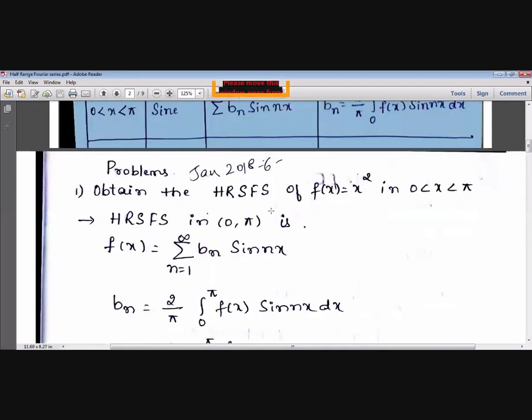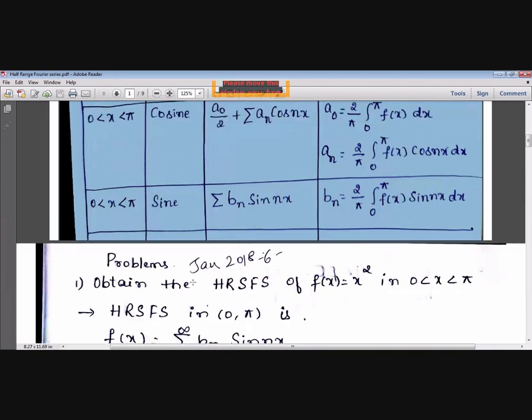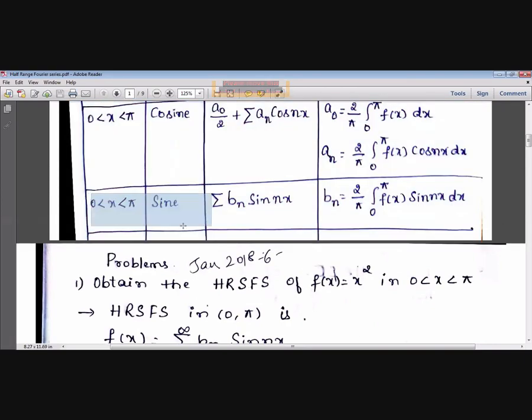Obtain the half range sine Fourier series of f of x equal to x square in 0 to pi. Half range Fourier sine series means 0 to pi, and this one we need to find out.